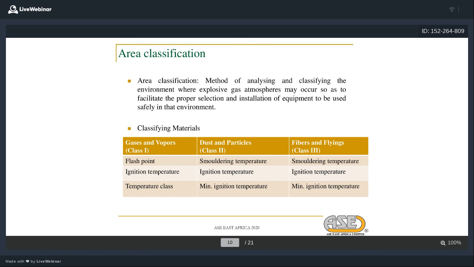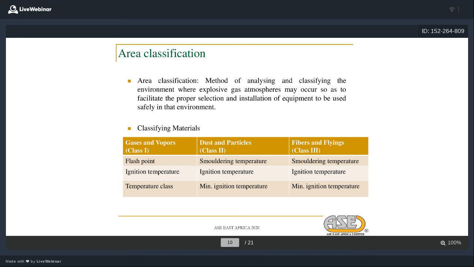And that vapor, if it encounters an ignition source, would explode or ignite. So that is flashpoint.